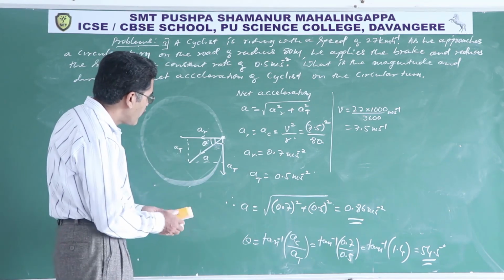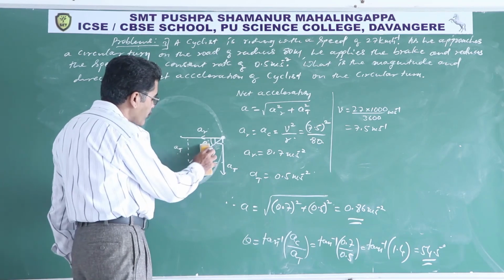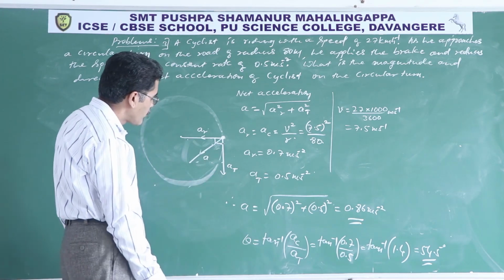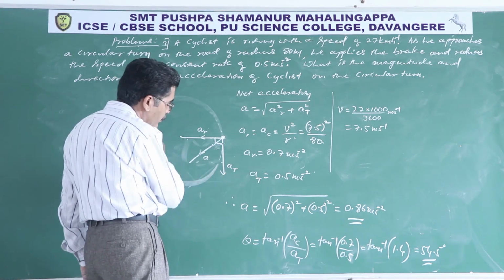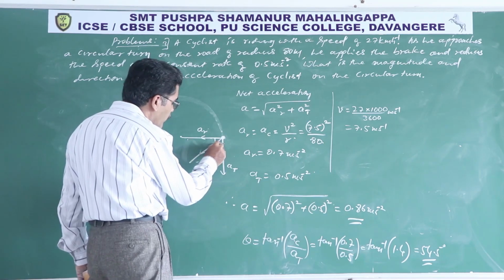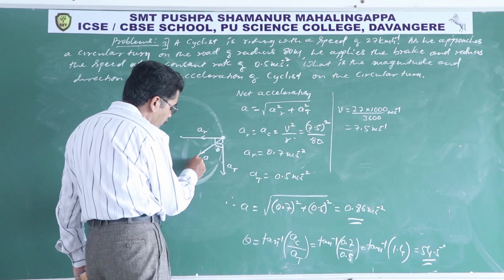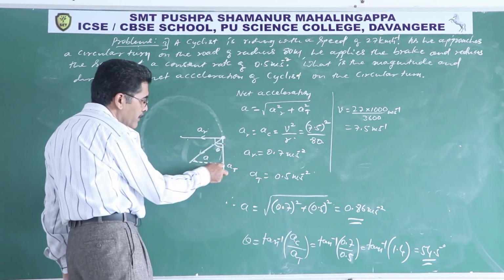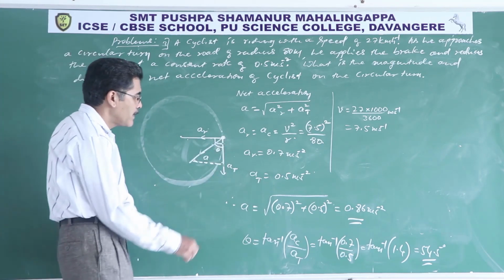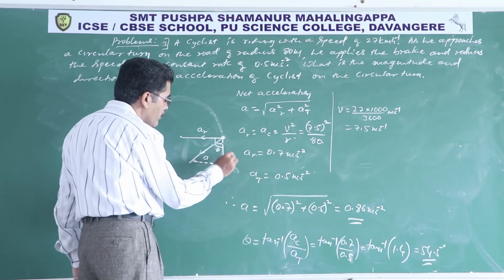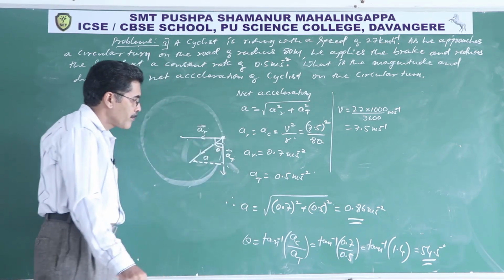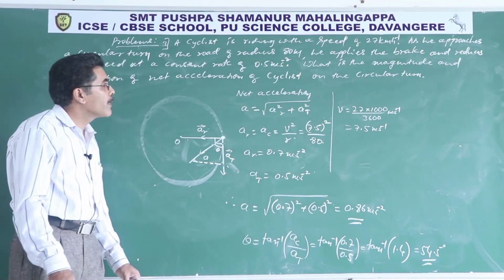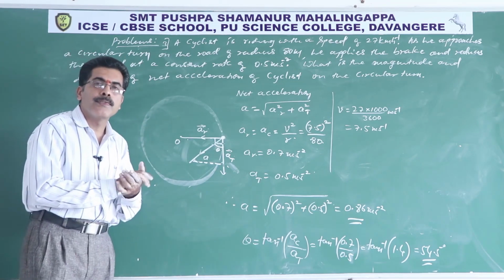No, they have not taken this as theta; they have taken this as theta, opposite side by adjacent side. This is A_T, this is A_R, this is the center of the circular path. Okay, this is about problems related to centripetal acceleration.